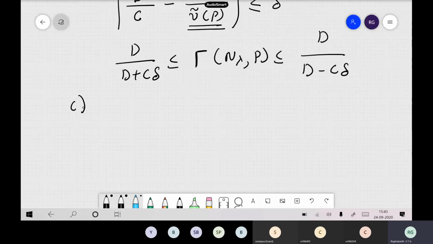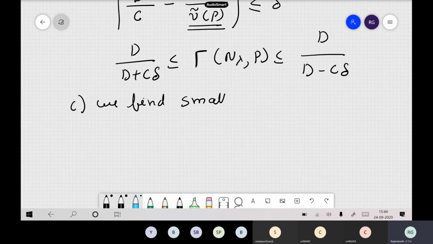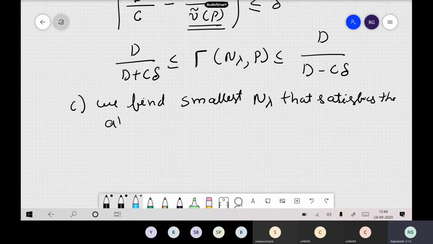Our next procedure is to estimate and find the smallest n times lambda that satisfies the above condition. This is another criterion we have.